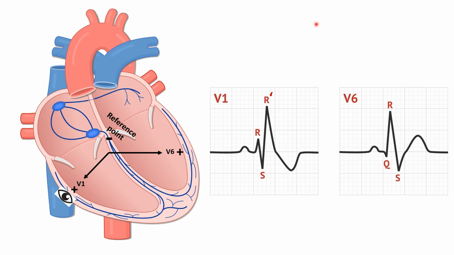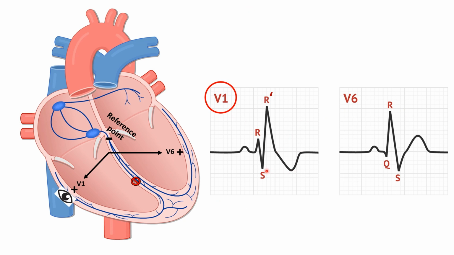As you are aware, we have a block in the right bundle branch, so we hence have this RSR pattern, sometimes known as R prime, in V1 to V3. So this is V1 in particular. Remember, it can also be a monophasic complex too.